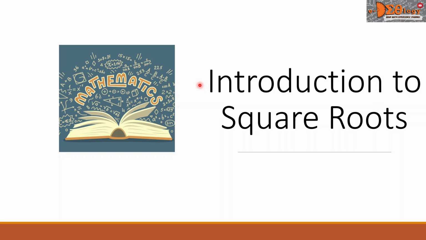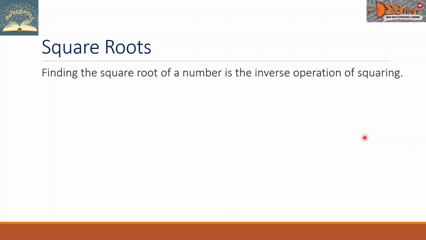Hi everyone. Today we're going to study Introduction to Square Roots. Finding the square root of a number is the inverse operation of squaring. Let's see some examples. We know that 1 square equals 1.